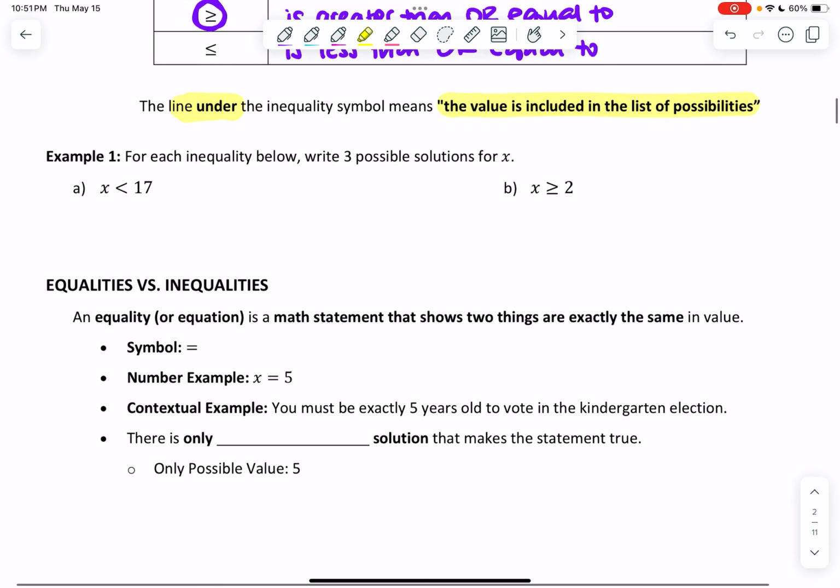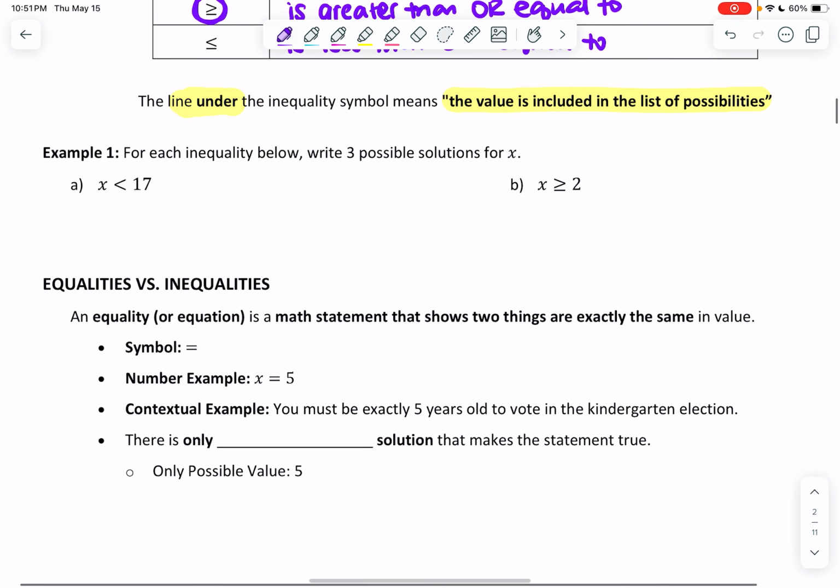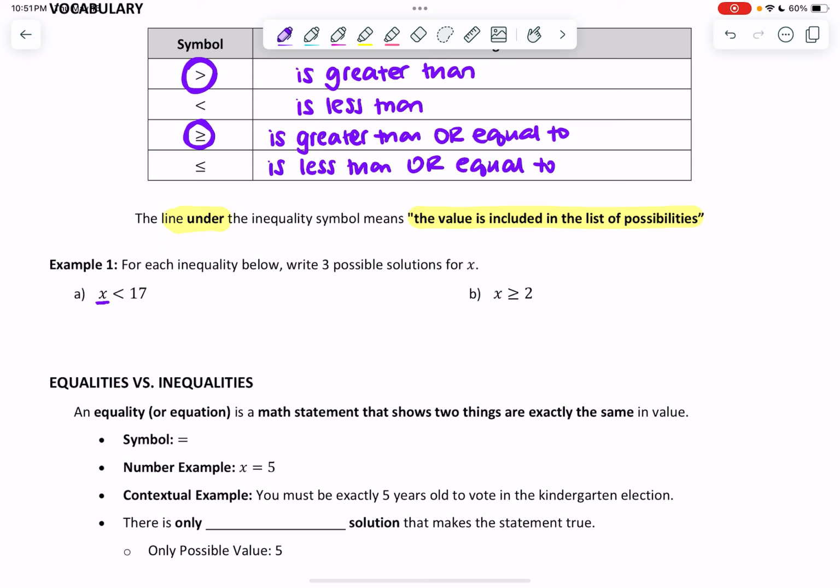Now, taking a look at inequalities, inequalities exist such that we can have more than one possible answer. I want you to pause for a moment and look at these two inequalities. I want you to translate what they say, right? So I have X, match the symbol, and then there's 17.